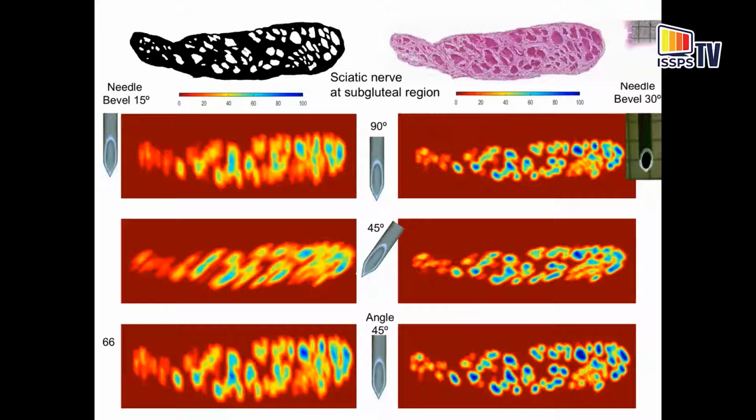You can check the picture after using 15° or 30° on the needle bevel, as well as an approach at 45 or 90°. This study was performed on the sciatic nerve at the subgluteal region, and the blue area varies in different conditions.